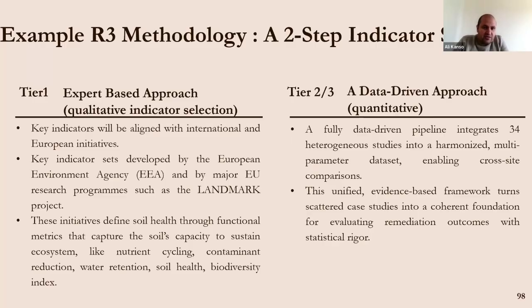In these different projects, there is a list of metrics, functional metrics to identify the capacity of soil to sustain ecosystem. So we identified 5 metrics: nutrient cycling, contaminant reduction, water retention, soil health, and biodiversity index. In parallel, there is another approach, a data-driven approach, which is tier 2 and 3, quantitative.